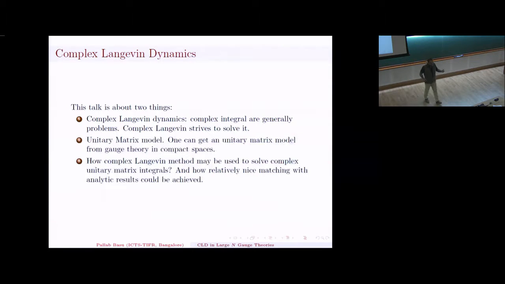These complex actions are generally difficult to simulate numerically, because they cannot be easily simulated by importance sampling methods like Monte Carlo, not trivially. And there are a lot of questions. That is why we are interested, and complex Langevin dynamics is one proposed method to numerically simulate a complex integral.